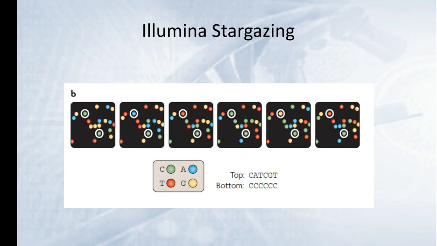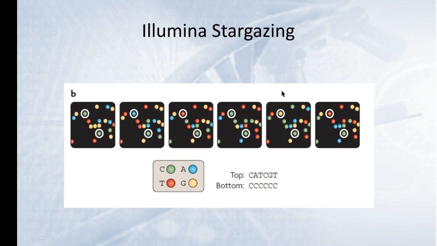Then we go through another round of synthesis to add one more nucleotide. In that next cycle, in this top sequence at this particular position, we added an A. And then in the next cycles, we added a T, a C, a G, and a T.